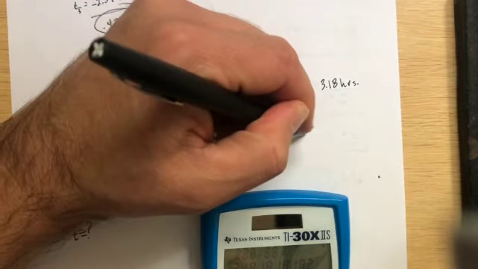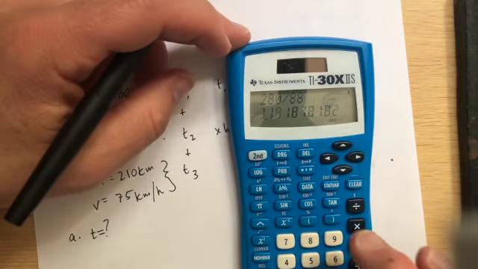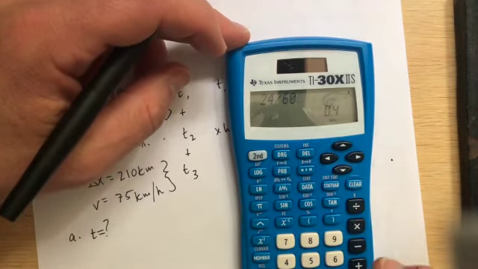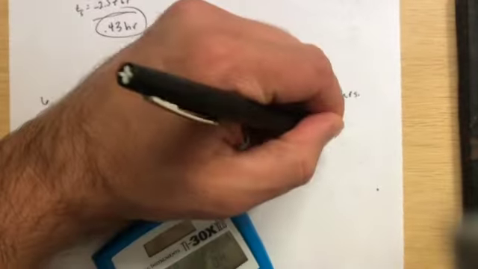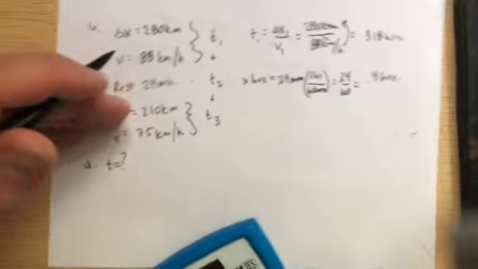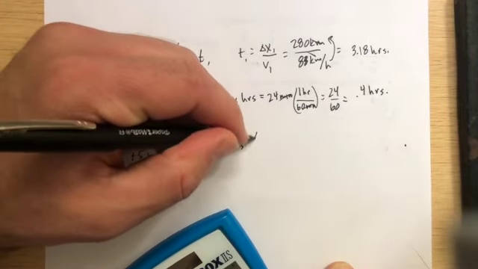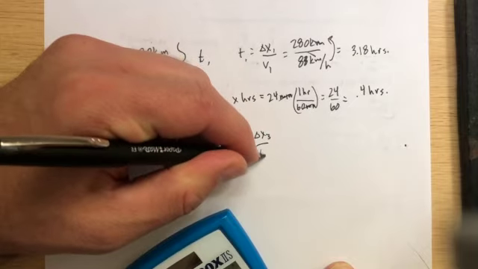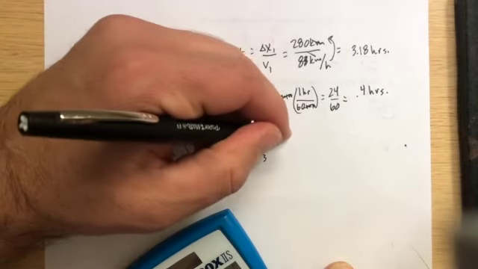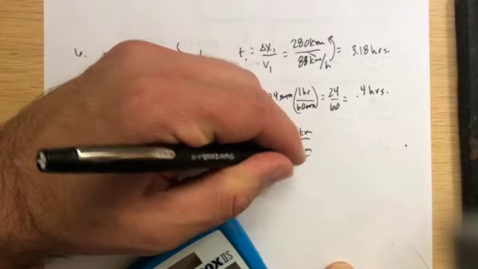And I go 24 over 60 equals 0.4 hours. Okay. And then time 3, we'll do just like we did time 1. T3 equals delta x3 over v3 equals 210 kilometers divided by 75 kilometers per hour.